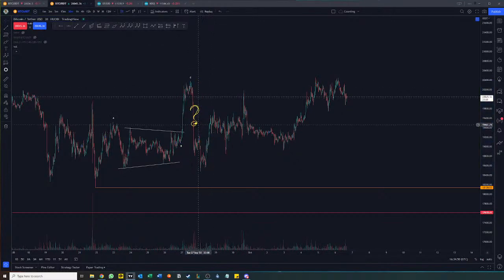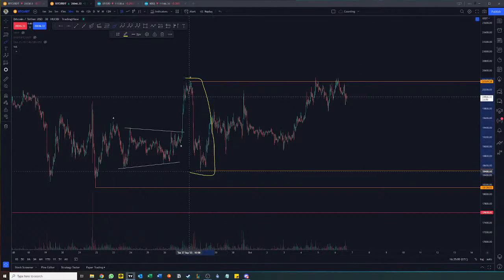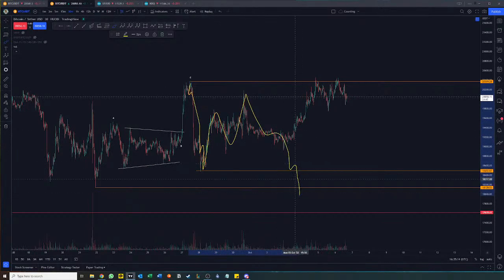Now we know what it is, because we only know when either one of these broke, the top or the bottom. And we see now the top broke. If the bottom broke, there's a higher chance that it was an impulse.